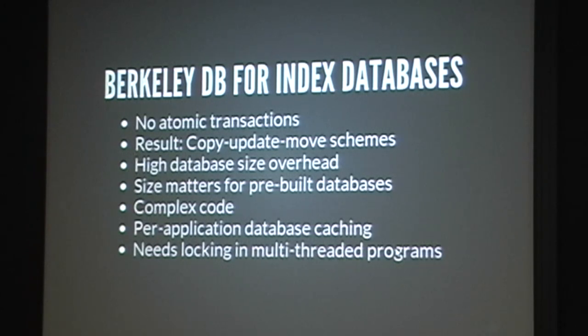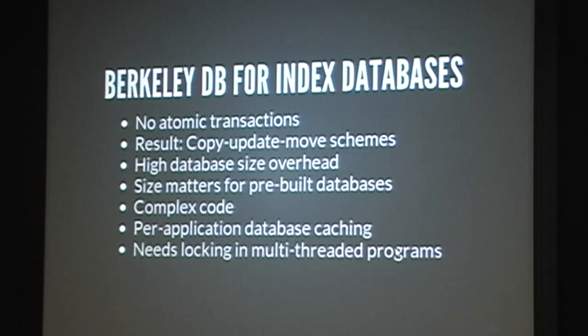BDB has a relatively high database overhead. I'm going to add some numbers to that later. And this is important for embedded systems because it makes it less attractive to ship those databases already prepared. The code of Berkeley DB is very complex, even if you look only at the hash table code, let alone the implementation of the B-tree.